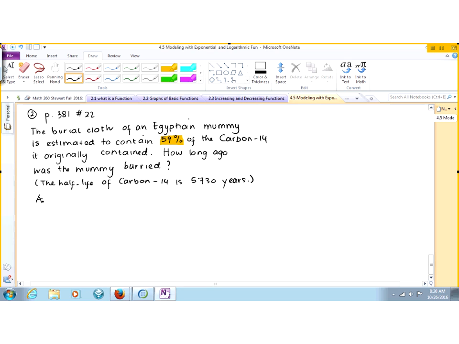Okay, so how would you do it? First of all, we will find what? r. Okay. Do you remember the formula? ln half divided by half-life, right? I'm not going to give you the formula, so you need to remember: ln half divided by the half-life, so ln half divided by 5730.